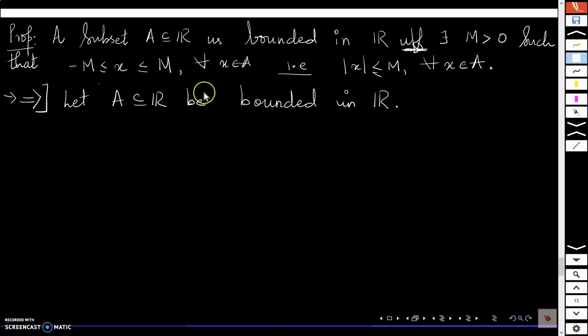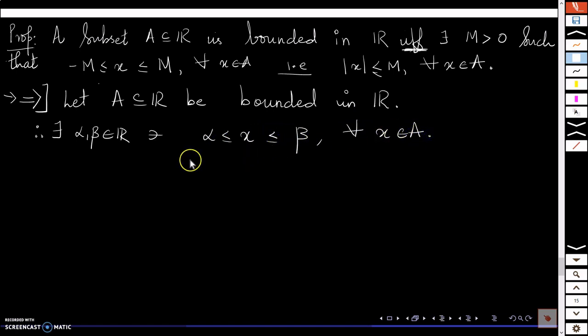Because A is bounded in R, it will have an upper bound and a lower bound. So there exist real numbers alpha and beta such that these conditions happen. This is by the previous definition of a bounded set, which I said in the previous slide. All right. So then we look at the absolute value of alpha and the absolute value of beta, and we pick up their maximum.